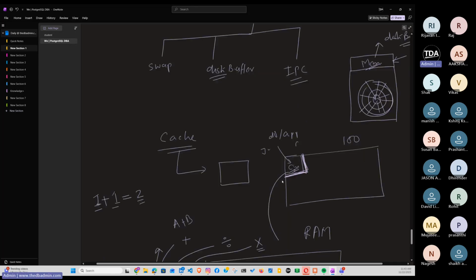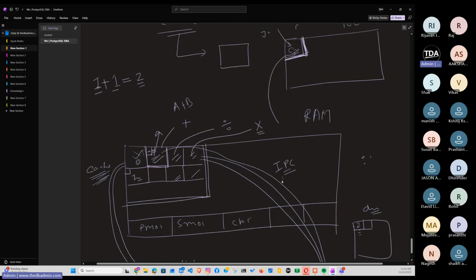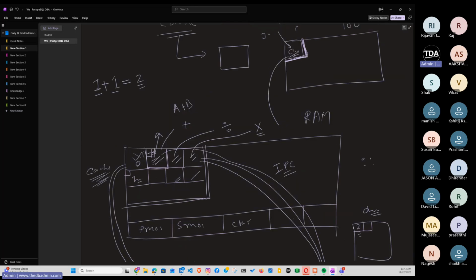Is this meaningful, whatever we are talking about here? Is this good? Are we getting all these concepts? At least the basics. I don't want you to become an expert on the first day, but at least understand all these small things so that when we are talking about the architecture, you are good with all these things.